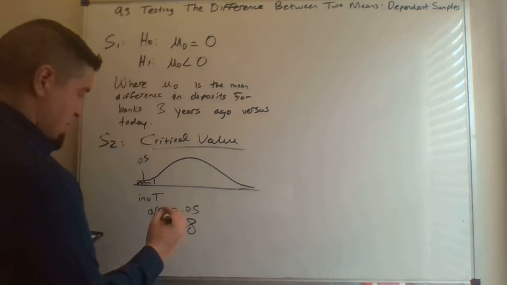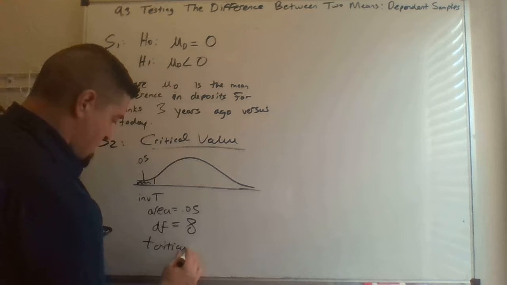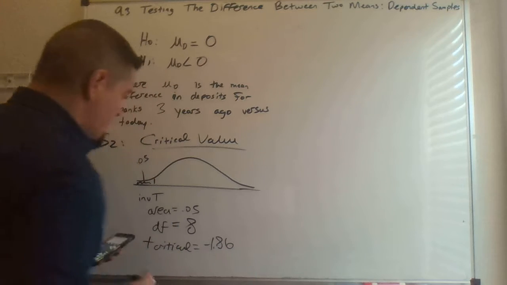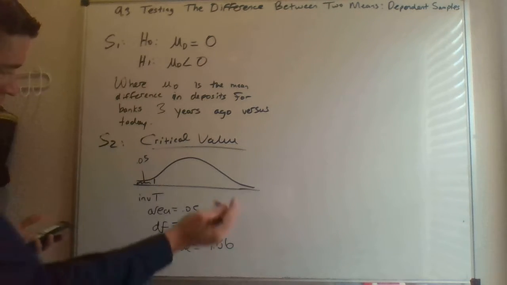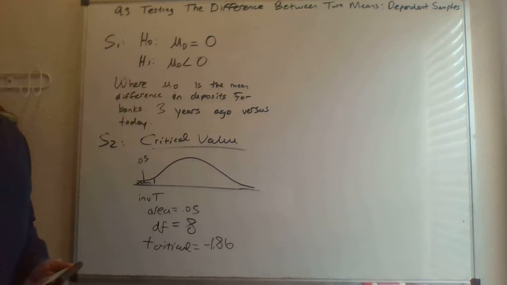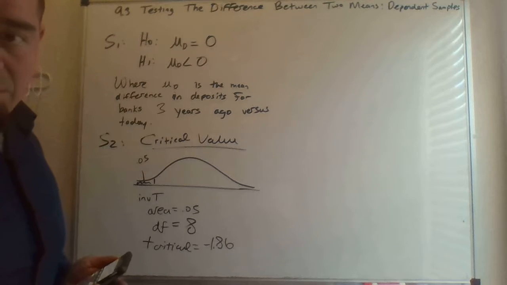Okay, so after inputting, I get t critical equal to negative 1.86. Okay, so it's left-tailed, so that's the only one. So now we move on to step 3. We're going to fill in the table on the next slide.